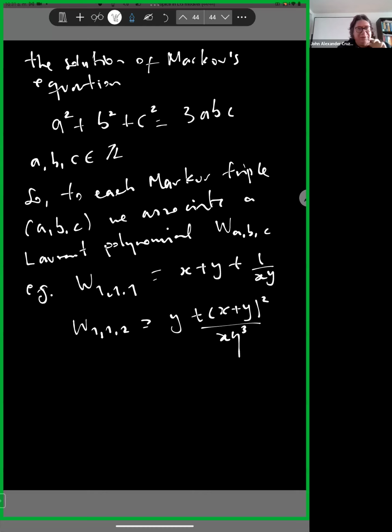So you can ask, what is the relationship between the mutations I am defining here and the mutations in the derived category setting? That's a kind of interesting question. I won't discuss it, but certainly using mirror symmetry, there should be some relation between them.